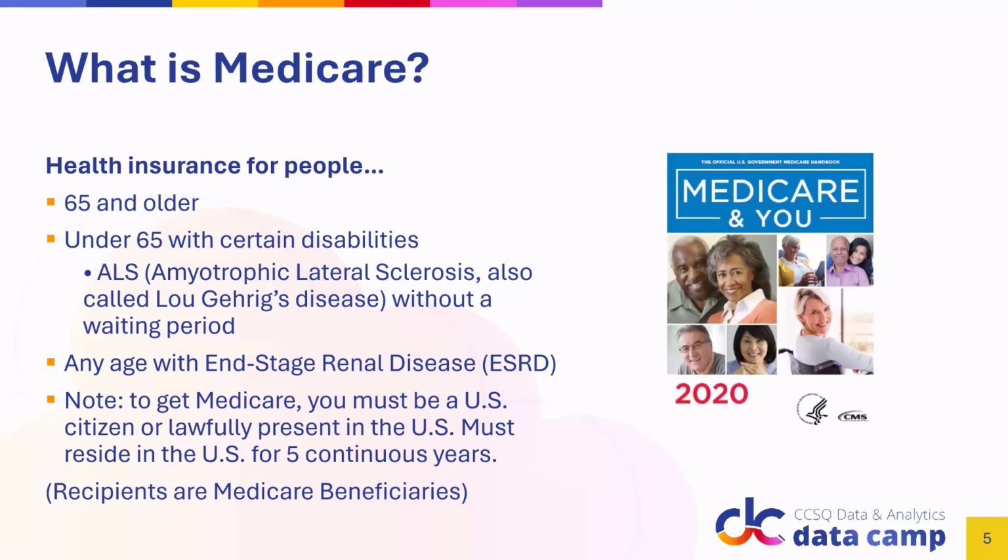And the recipients are called Medicare beneficiaries. Medicare was established in 1965 and signed into law by then U.S. President Lyndon B. Johnson. So we will celebrate the 60th anniversary next year. Next slide, please.